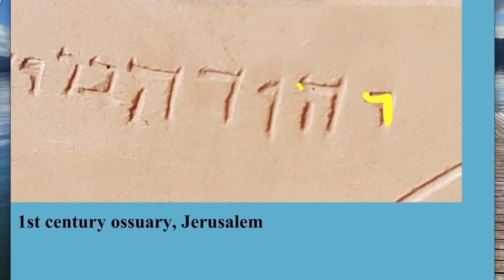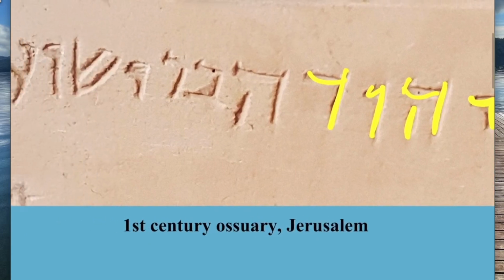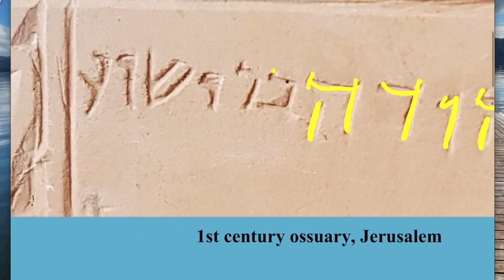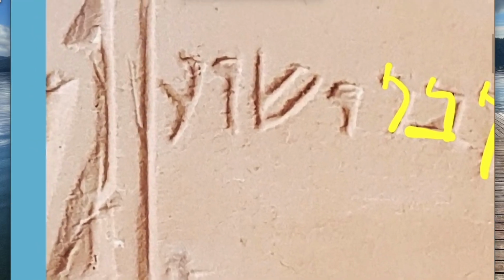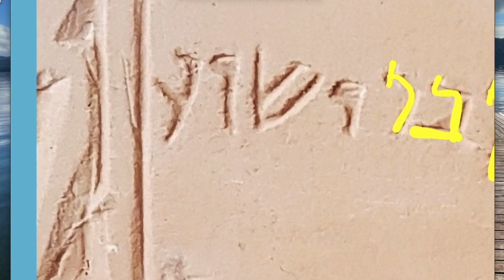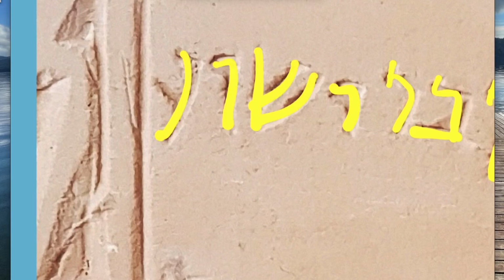Notice the Hey has the little tagin, what's called a Karen, or the horns. That says Yehuda. And then we have the Bet, Bar, and then we have our name, Yeshua, right here. Yod, Shin, Vav, Ayin. Yeshua.